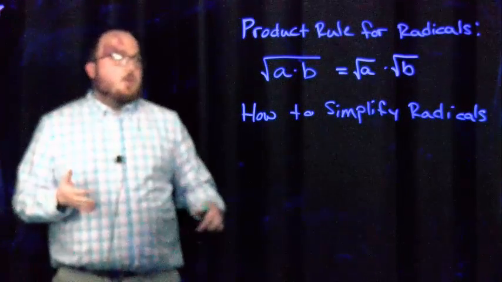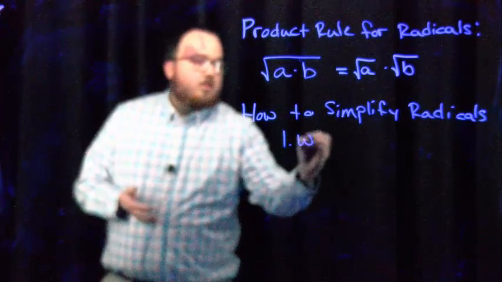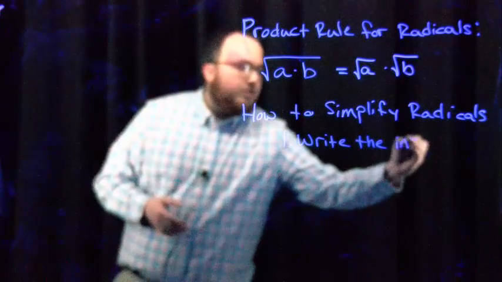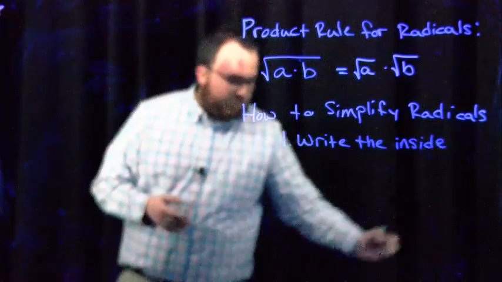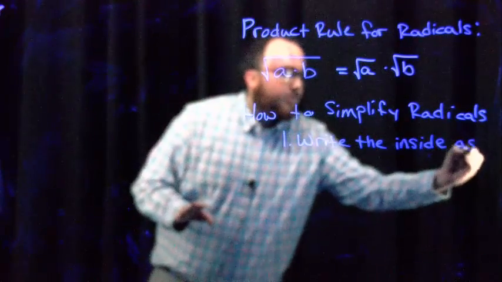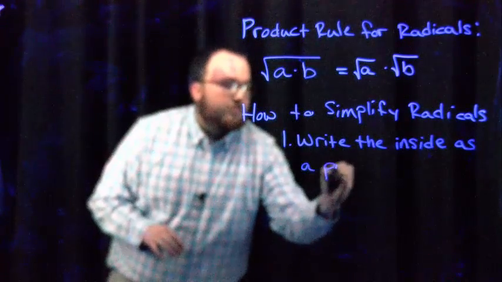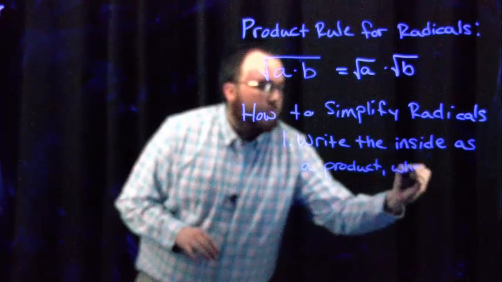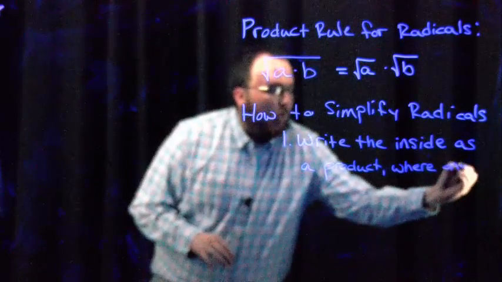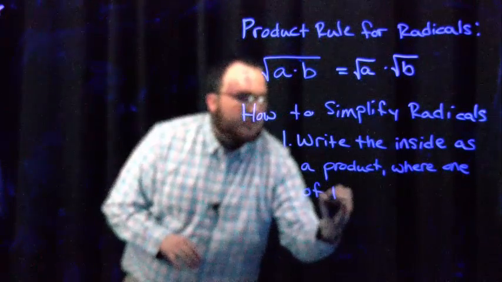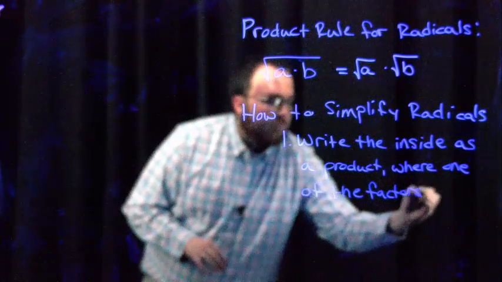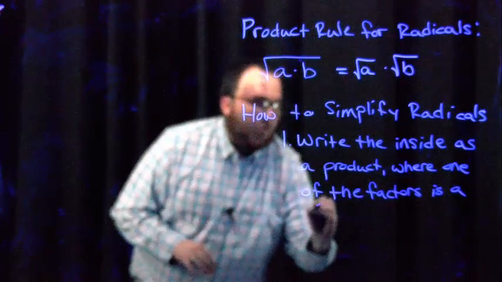The first step, write the inside as a product where one of the factors is a square.